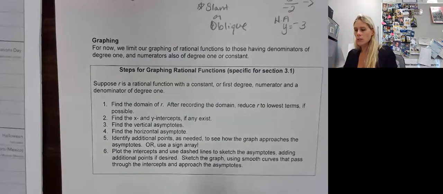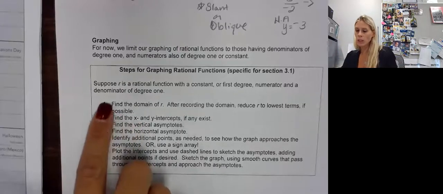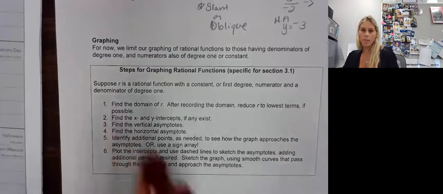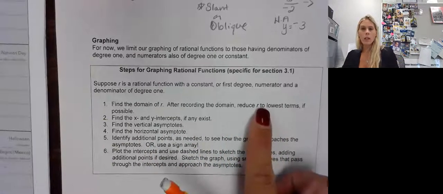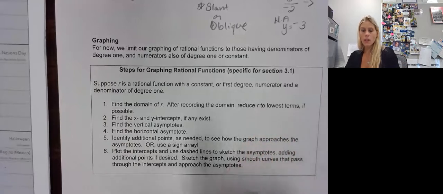So there are a couple of things we have to go through when we're going to graph. You want to find the domain, find the restrictions, anything like that. Then we're going to reduce the rational function into the smallest terms possible.